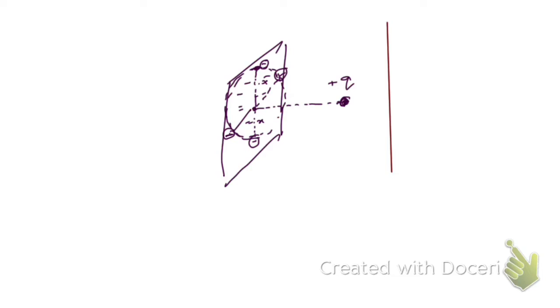You can consider it that way. Now to find the charge induced on the plate, let me consider this plate AB in this way. Let me draw it this way. So this is the plate, suppose.